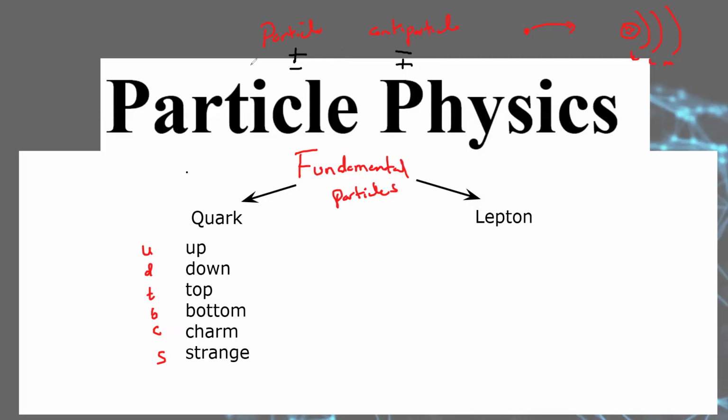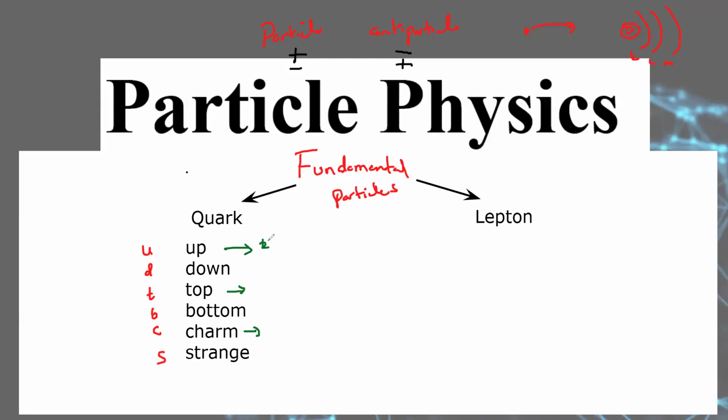Now, what is the charge of these particles? What is the charge of up? It is easy to remember. Up, top, and charm represent a positive charge.